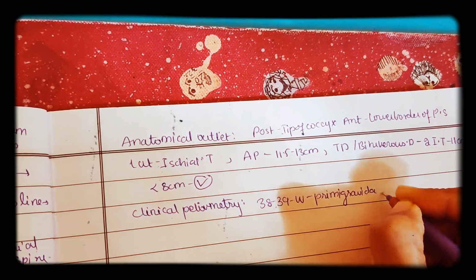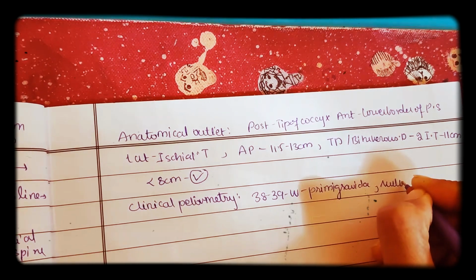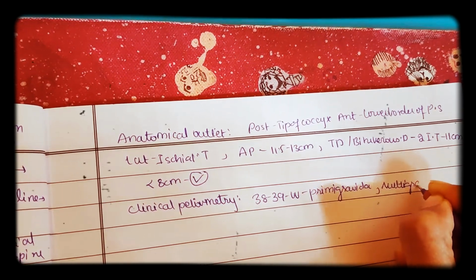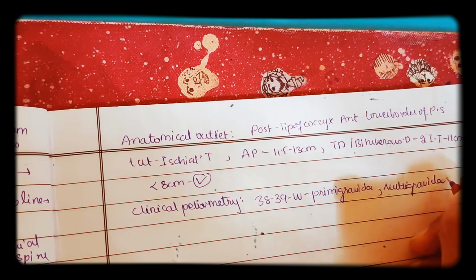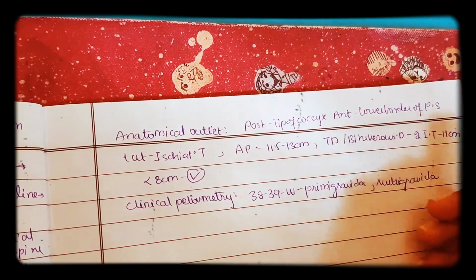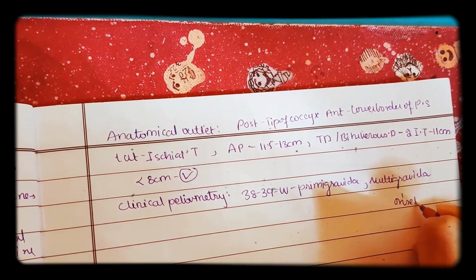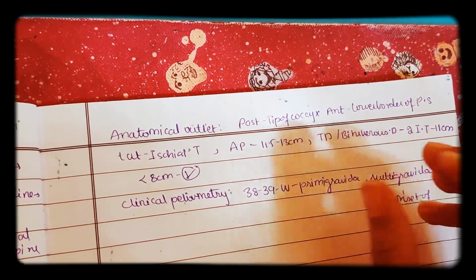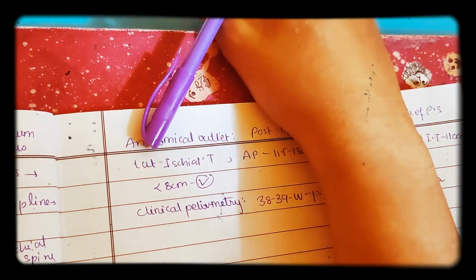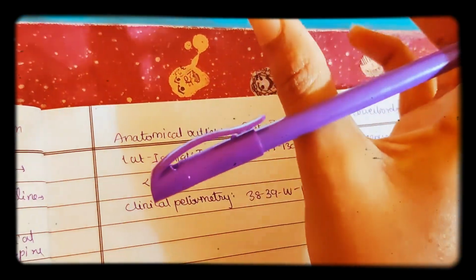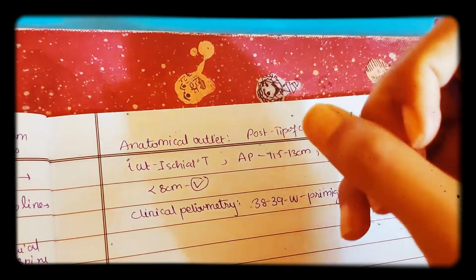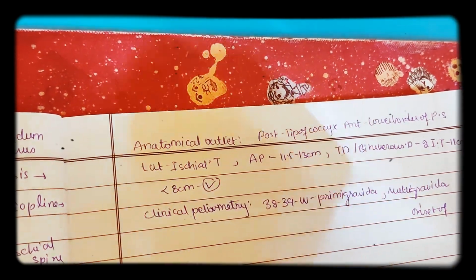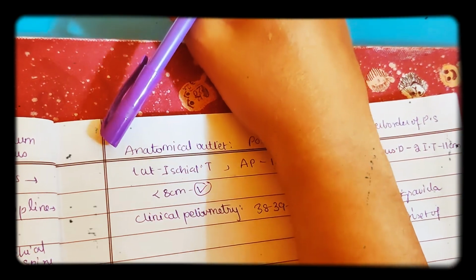In a multigravida, an already pregnant female, you already know that there was a normal vaginal delivery, so there is no need to do clinical pelvimetry, but it is done at the onset of labor to rule out any CPD. It is not done to know the size of the pelvis, only to rule out any CPD. CPD means the baby's head is bigger when compared with the pelvis, right? So in multigravida we check only at the onset of labor.